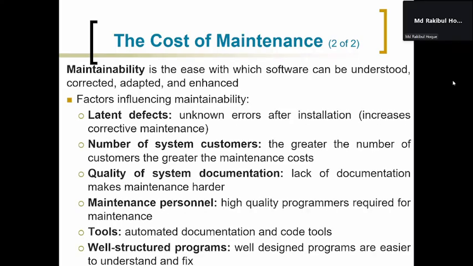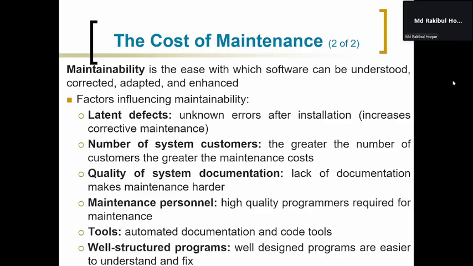So there are different types of cost of maintenance. There are some factors which influence the maintenance. It may be latent defects, that means unknown errors after the installation. So number of system customers, সিস্টেমের কাস্টমার বেড়ে গেলে আমার মেইনটেনেন্স সার্ভিস দরকার হয়। কোয়ালিটি অফ সিস্টেম ডকুমেন্টেশন, দেন মেইনটেনেন্স পার্সোনেল, that means high quality personnel are required for maintenance.